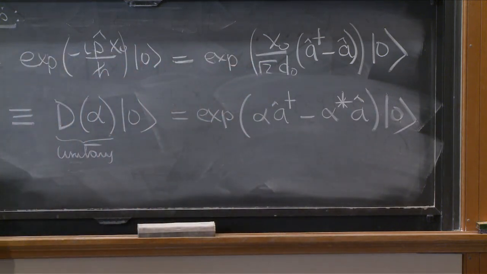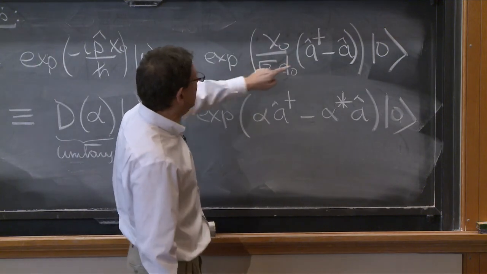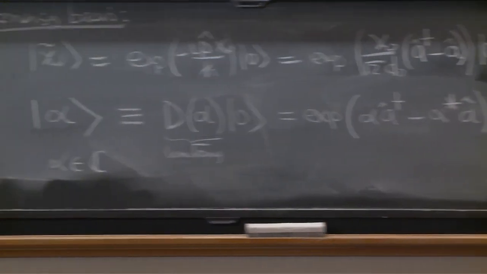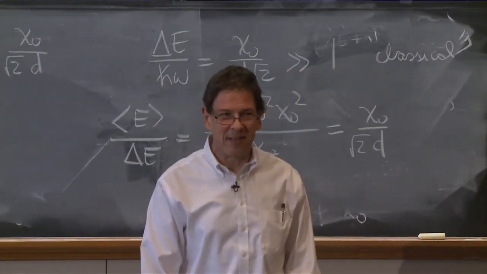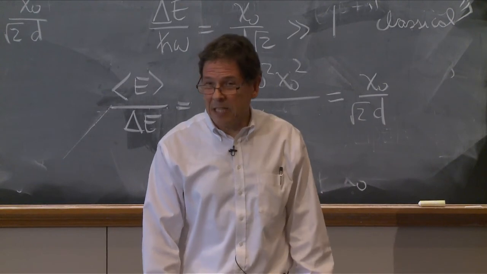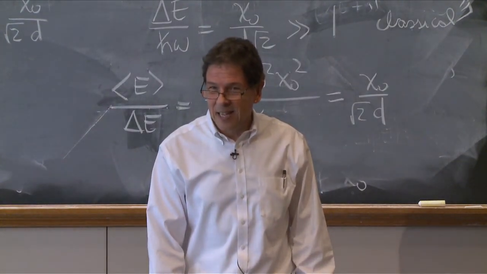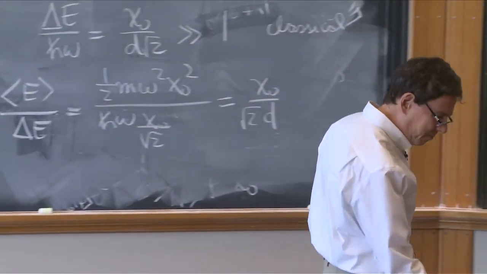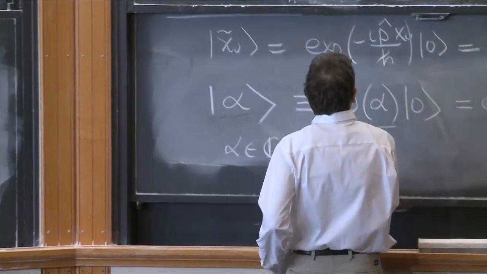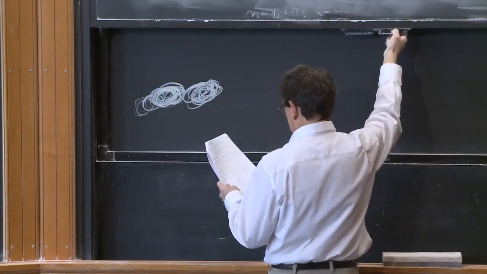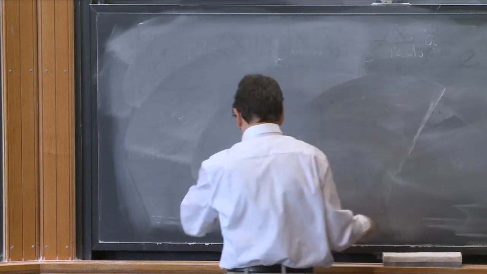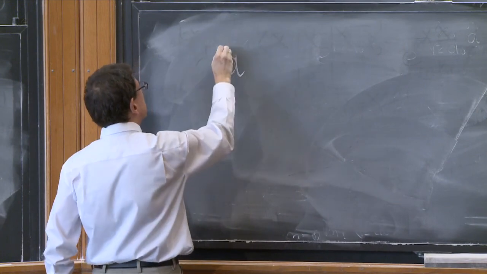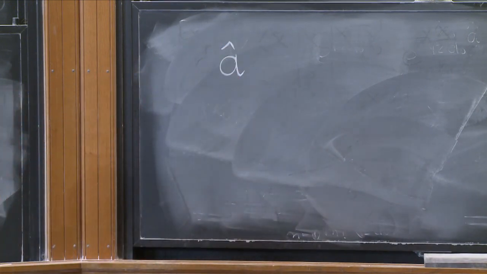This thing for alpha equal to this real number reduces to that. But now, with alpha complex, it's a little more complicated operator. And it's more general, but it's still unitary. And it preserves the norm. And it's most of what you want from the states. So the first thing you do to figure out what this operator does is to calculate something that maybe you would not expect to be simple, but it's worth doing.